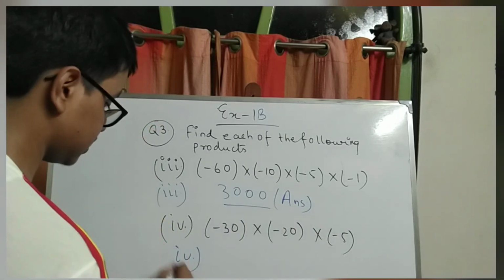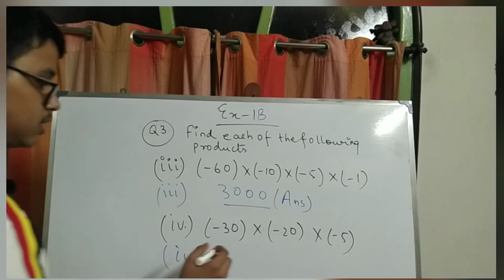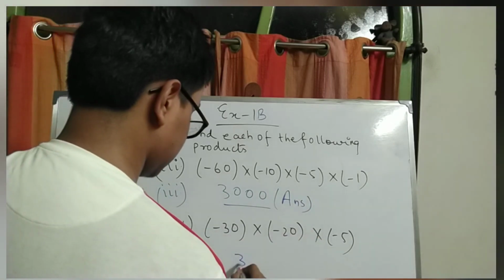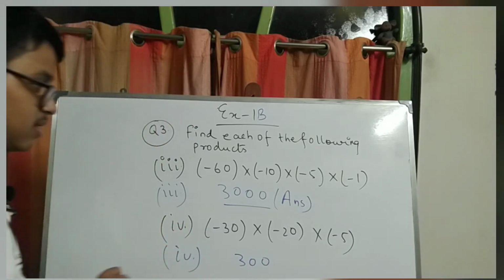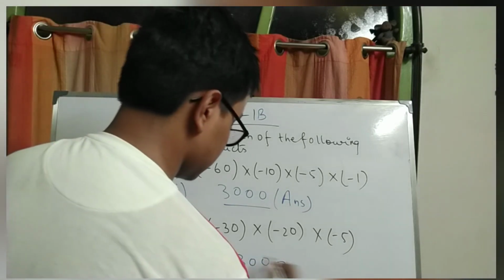Now number 4 is 30 into 20, what will it give? 600. Into 20 it will give 600, and 600 into 5 it will give 3000.